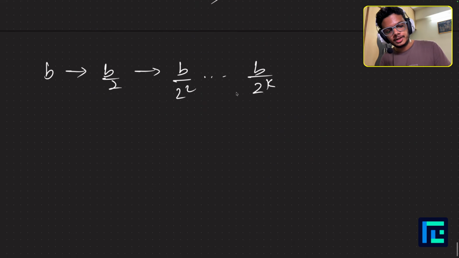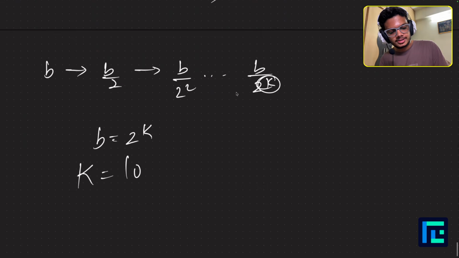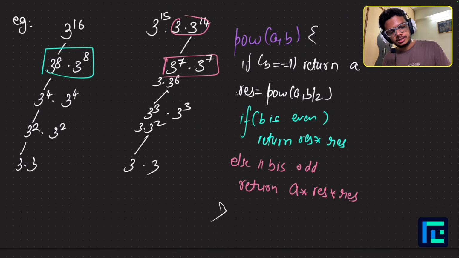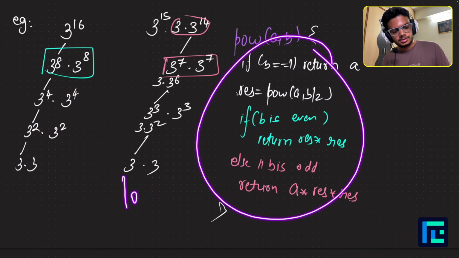It will stop when b is equal to 2 power k, and this k is the number of steps, right? First step, second step, and so on. If you take log on both sides, k will be equal to log b. So for this recursive function, the time complexity is log b.